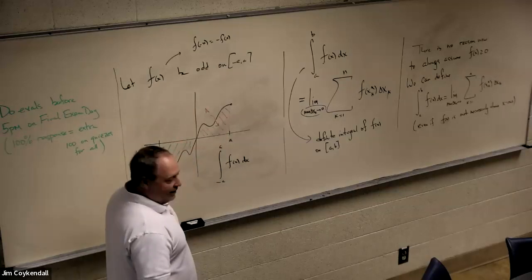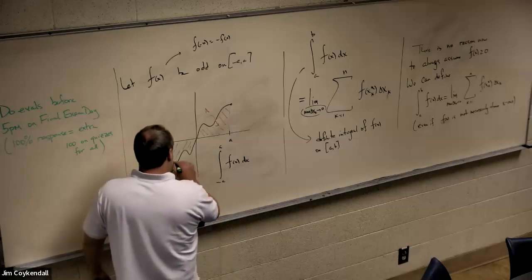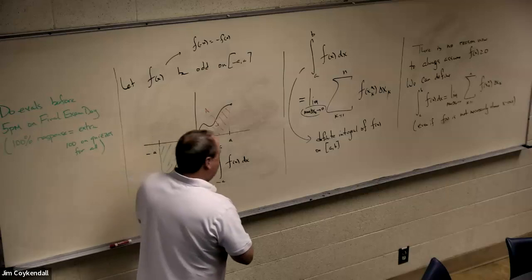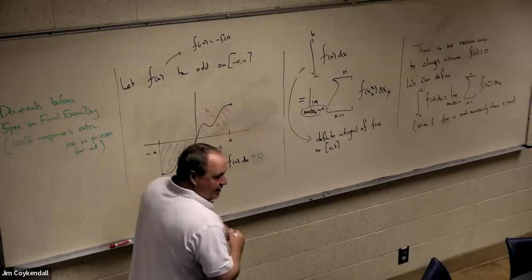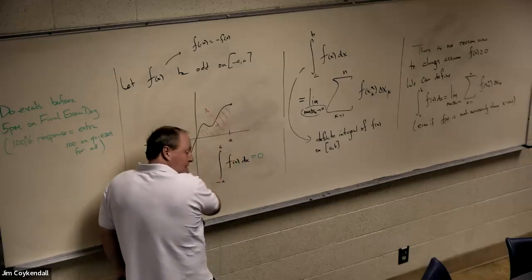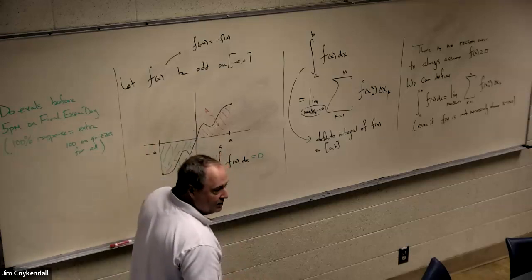But this is under the axis. So when I'm computing the height, what's the height going to be? They're all going to be negative. Because my whole box is up here, this is making a positive area, and my whole box hanging down here makes a negative area of the same size, same magnitude.